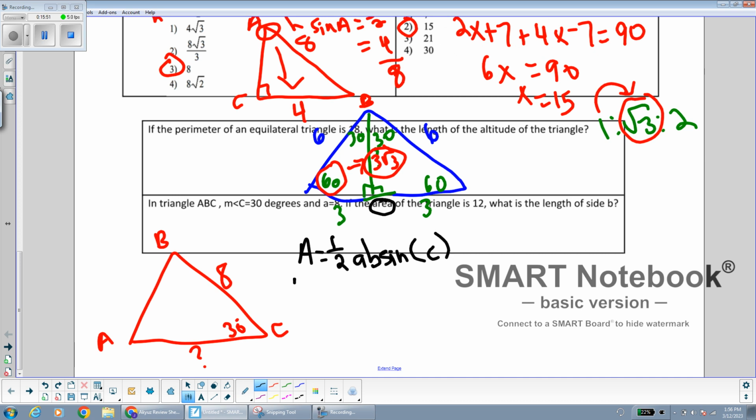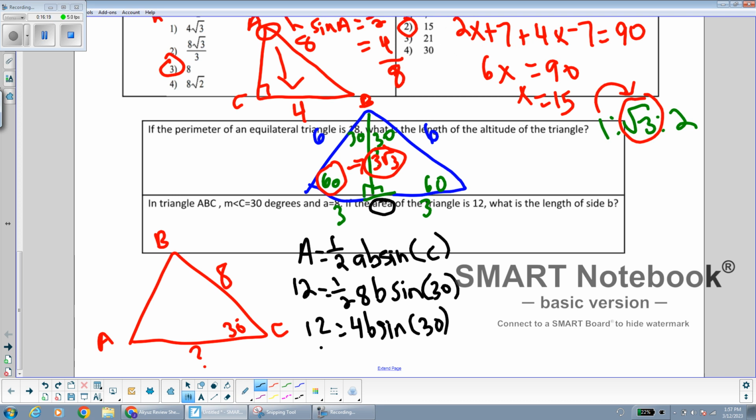Now we know the area, we know it's 12. And one of our sides is 8. We don't know what the other side is, so I'll just leave it as b. Sine of the angle in between, which is 30. Okay, using my calculator, I have 12 is equal to 1/2 times 8 is 4. Let me divide by 4 on both sides.